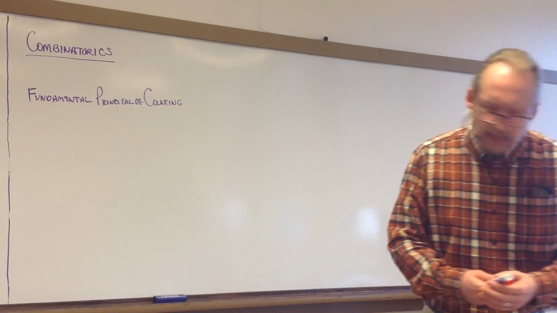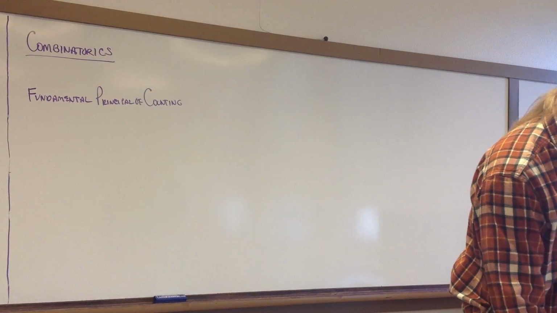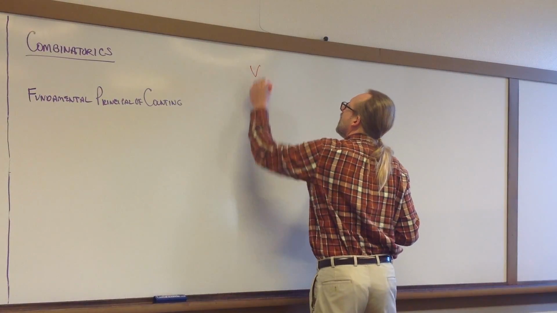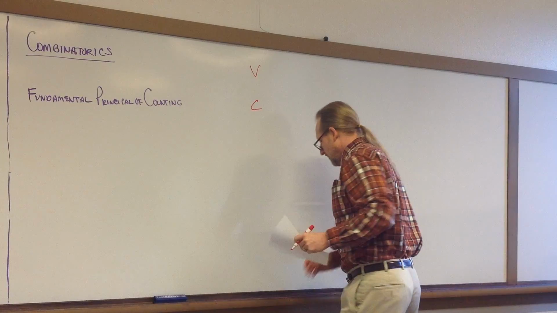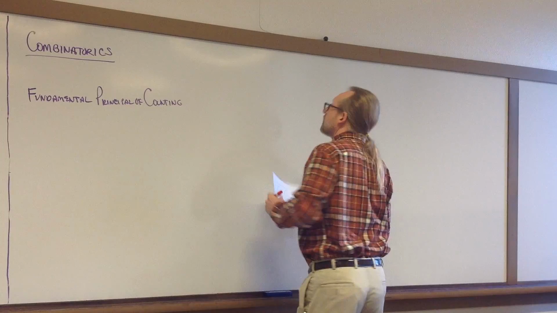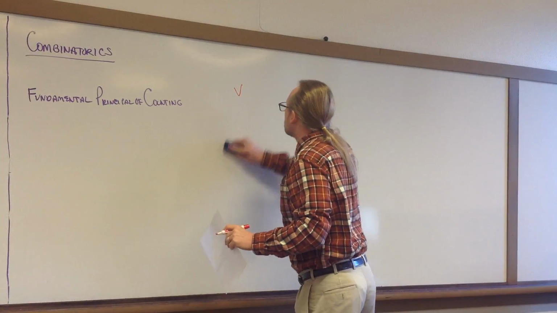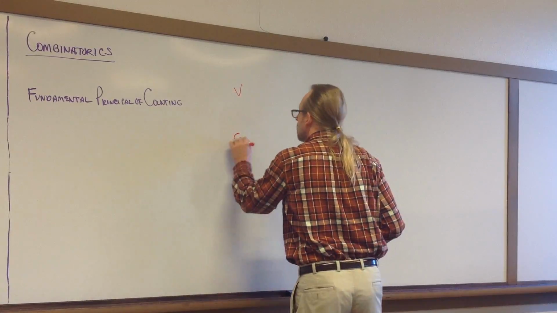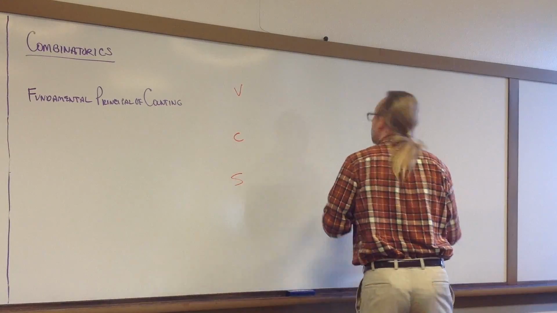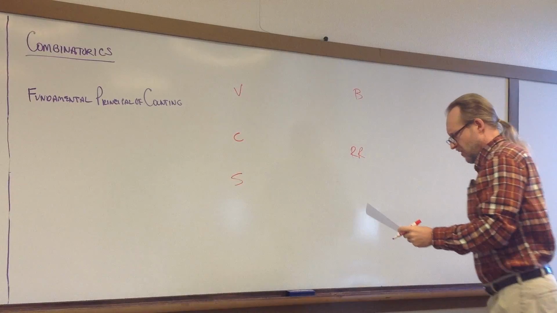So I'm going to do one more tree diagram. On page 123, we've got this ice cream shop that offers vanilla, chocolate, strawberry, boysenberry, and Rocky Road.